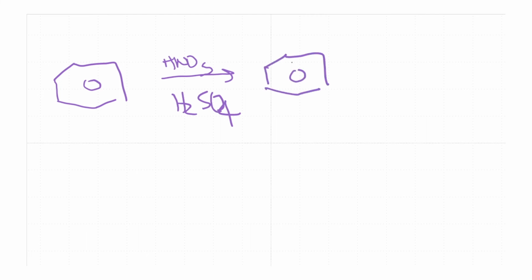One of the ways in which you could do it is you start with benzene, you nitrate it with HNO3 and H2SO4, and that gives you nitrobenzene. Now you can do a reduction reaction. You can use hydrogen in the presence of palladium on carbon, and you get aniline.